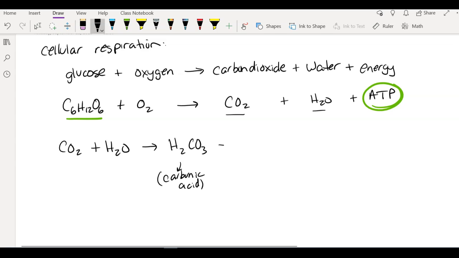Carbonic acid quickly splits apart to form HCO3 minus and another substance.